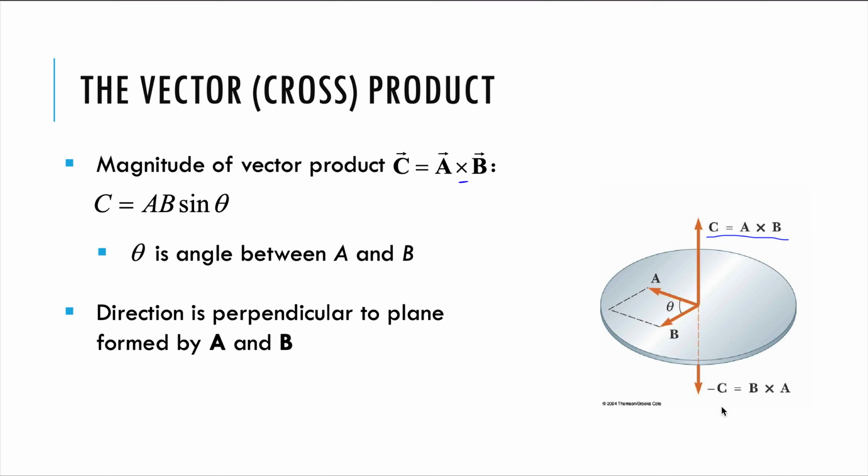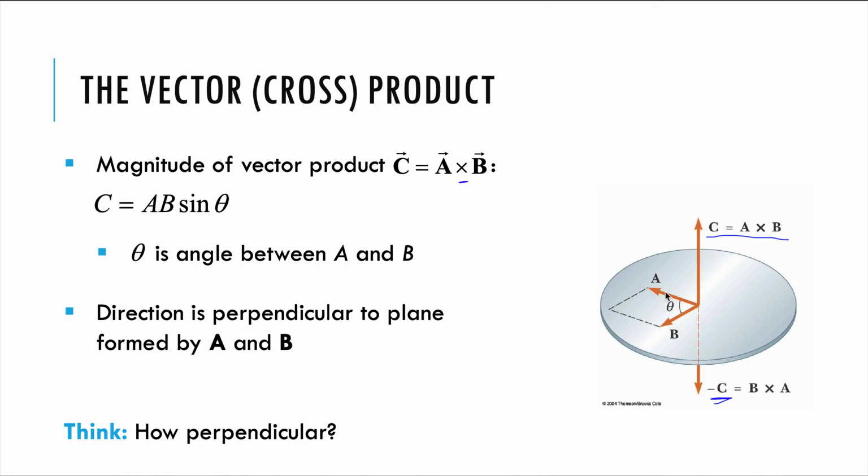Now, vector negative C is also perpendicular, so how do we know which way the cross product goes? That's going to be for the next slide, but first I want you to think about this. For cross product, think of how perpendicular vectors are.